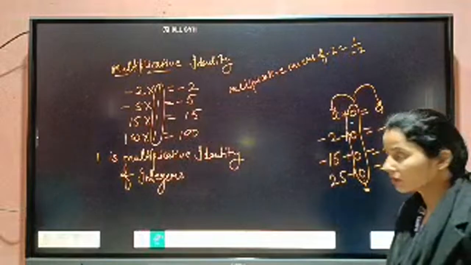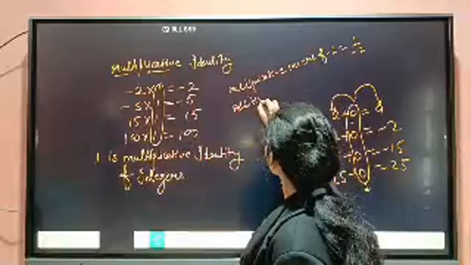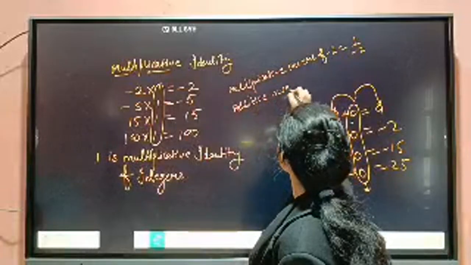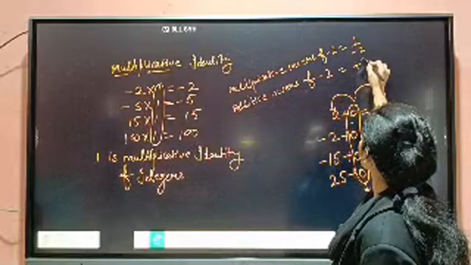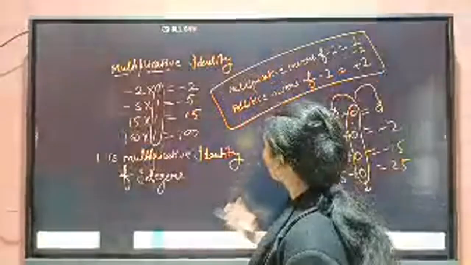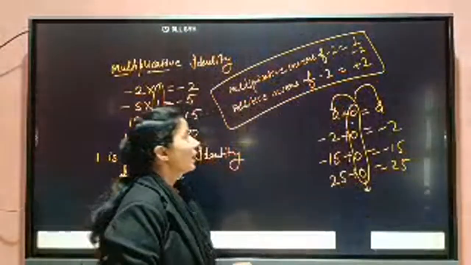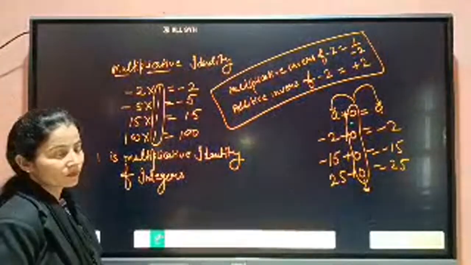And the additive inverse of minus 2 will be plus 2. The multiplicative inverse of minus 2 will be 1 upon minus 2 and the additive inverse of minus 2 will be 2.